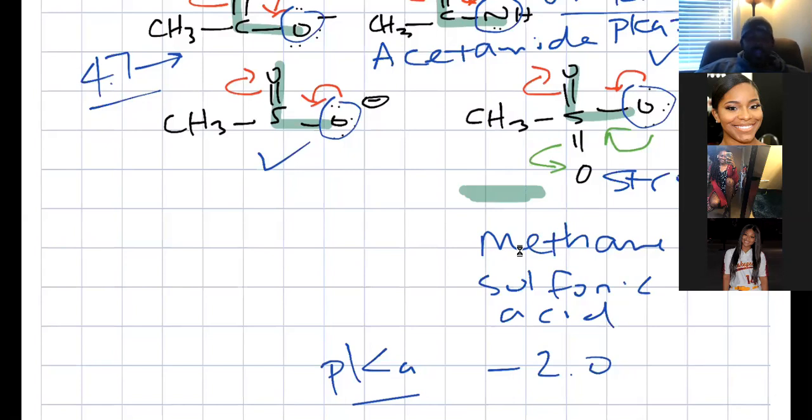The name is escaping me, so I gotta look it up. Okay, so it's methane sulfonic acid.